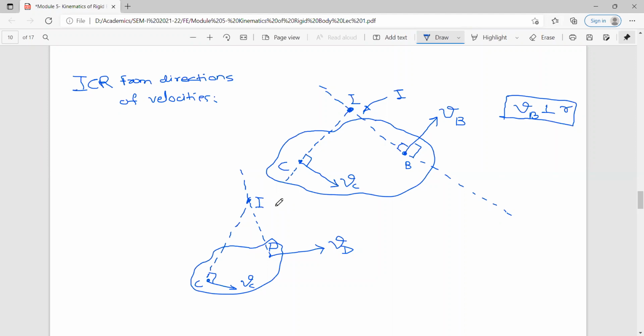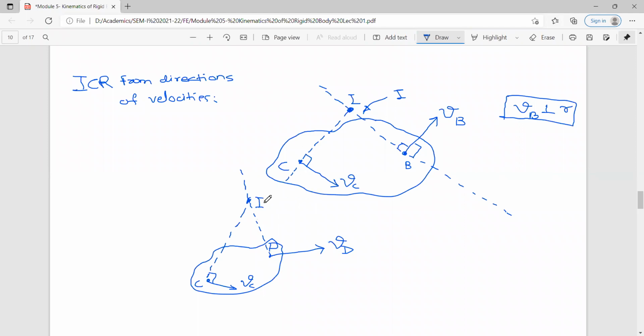Sir, so whenever we want to find ICR, we should have the directions of two velocities, and we have to draw the perpendicular on both, and then the intersection will give the point of ICR, right? Yes.